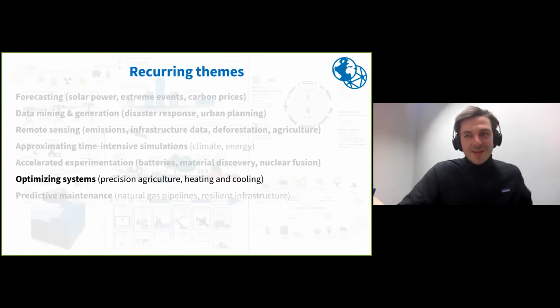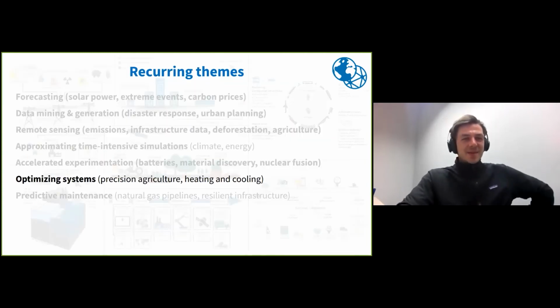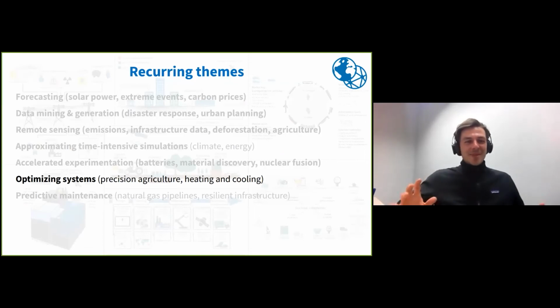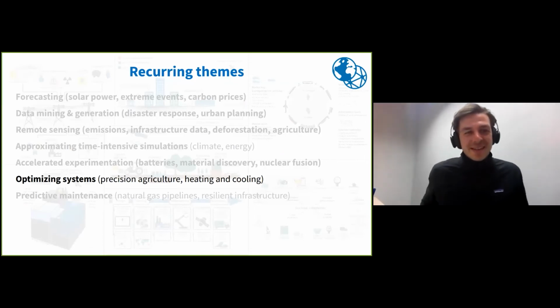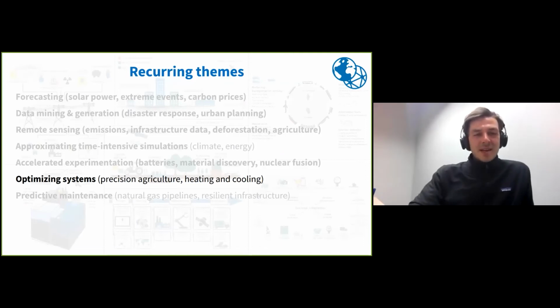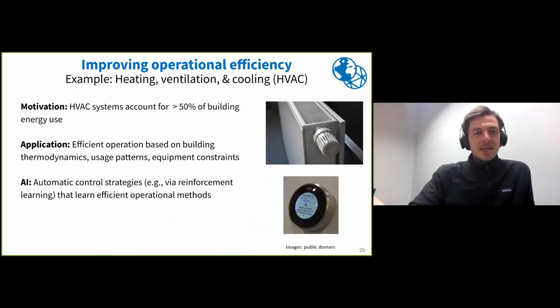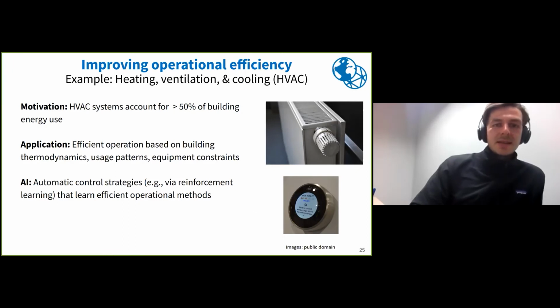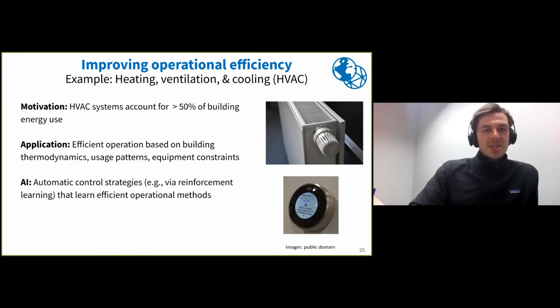Okay, only 2 more examples left. We have optimizing systems. This is a very recurring pattern. Every time you hear like optimizing something, machine learning is usually a good fit, because we can learn based on historical data and past data, really the optimal policy, which is, for example, in the heating of buildings, heating, ventilation, and cooling.